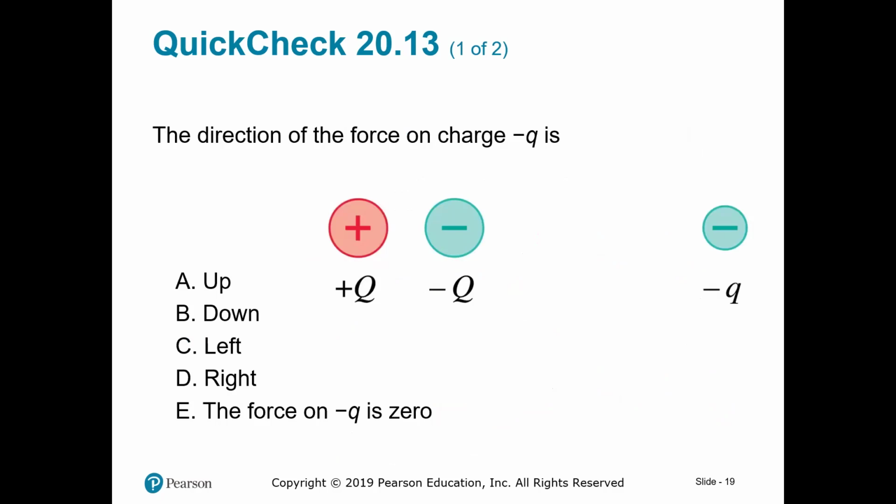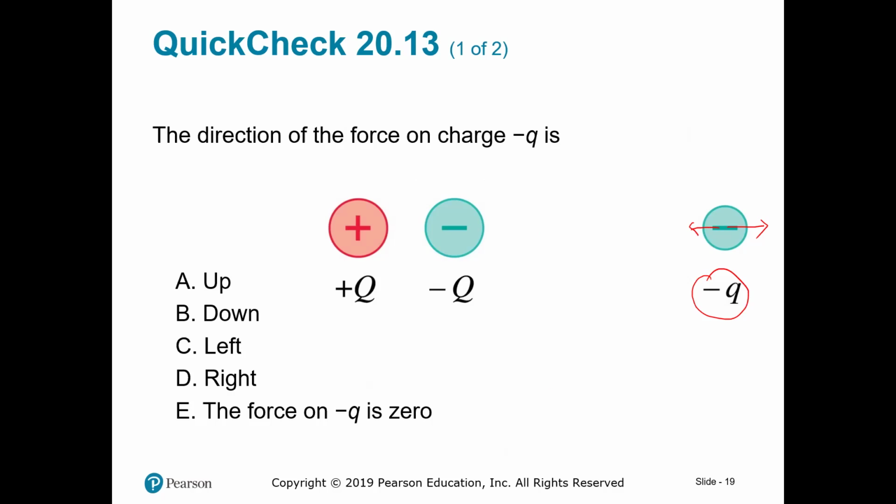And then what is the direction of the force on charge minus Q? Here. Again, it's a very similar question to the previous one. From the small charge minus Q's point of view, there are two forces acting on it. Due to this negative charge, you will have a repulsive force to the right. And then due to this proton, you have an attractive force to the left. So the question is which force is greater?